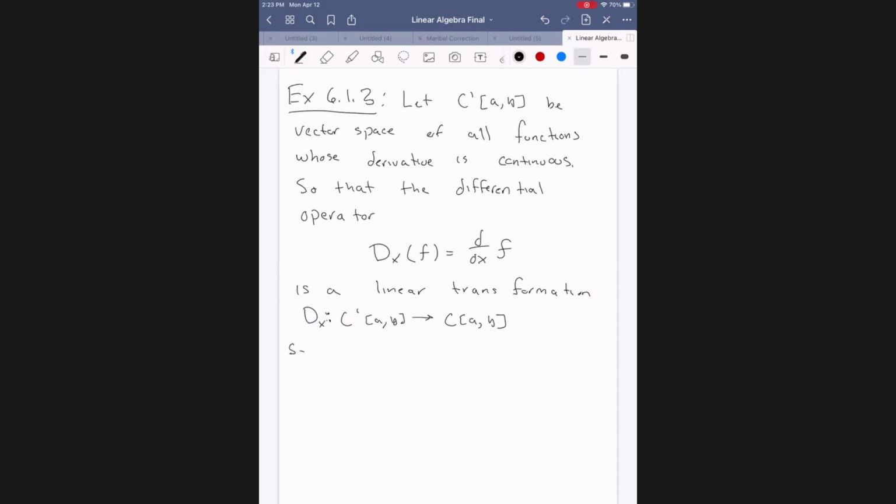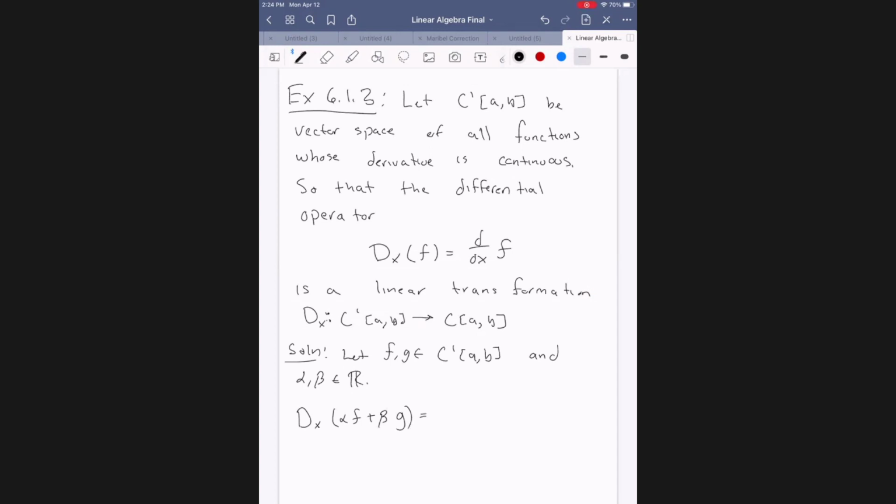Solution. All I'm going to do is let f and g be in C1 from A to B, and alpha and beta be real numbers. All I have to show is that this is linear, that it's a linear transformation. So d/dx of alpha f plus beta g.